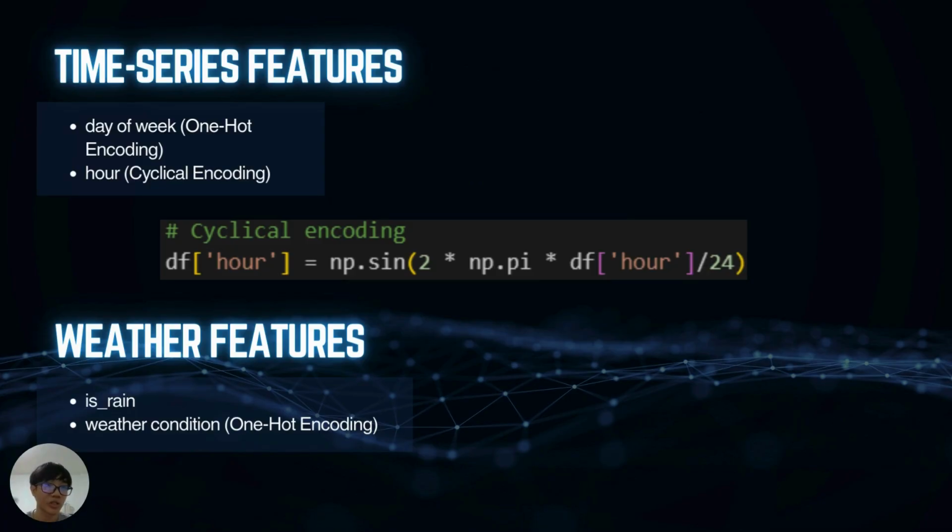So we decide to cyclically encode it using a sine function right here. And some additional weather features, for example, is-rain, which is binomial, and we also one-hot encode the weather condition because it's a categorical value.